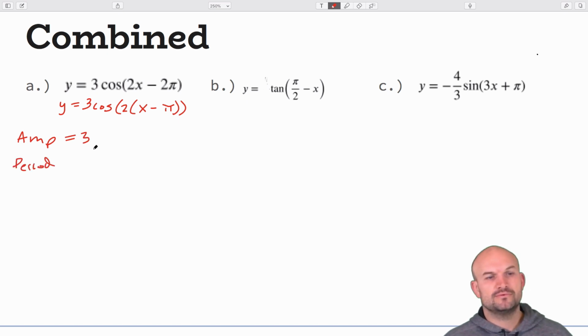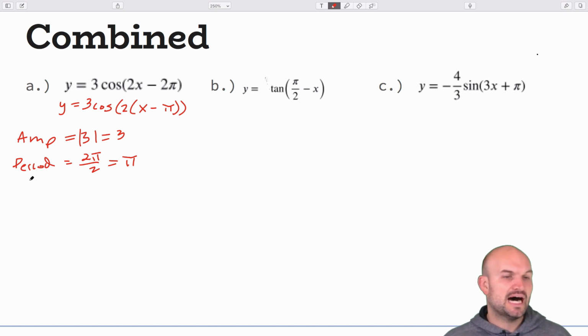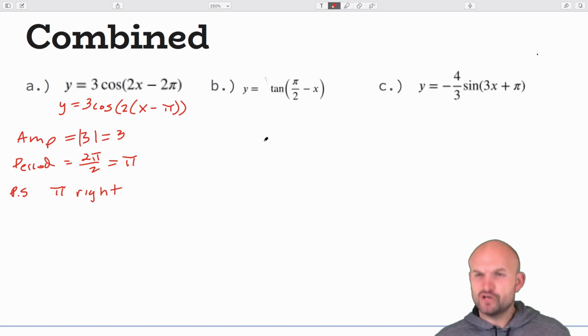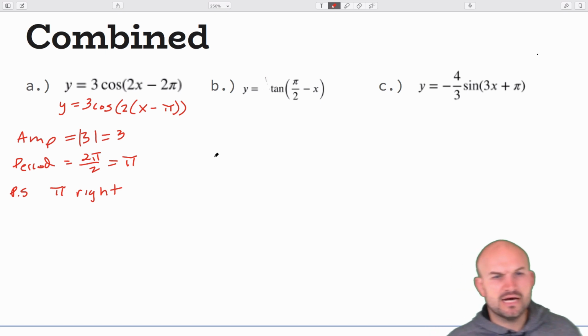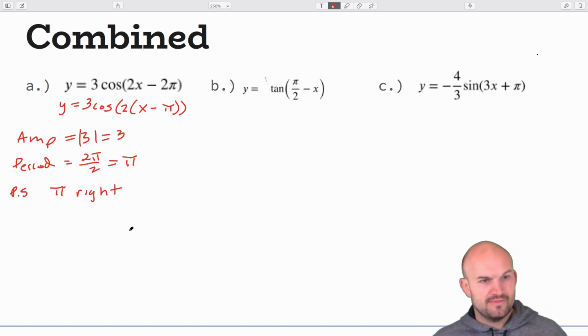My period is 2 pi divided by 2, which is pi. And then I am going to have a phase shift, which is pi to the right. And there's no vertical shift, so I don't need to worry about that. I'm not going to be going up or down at all.